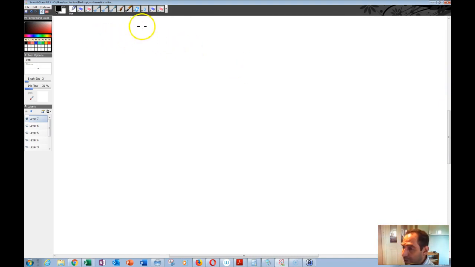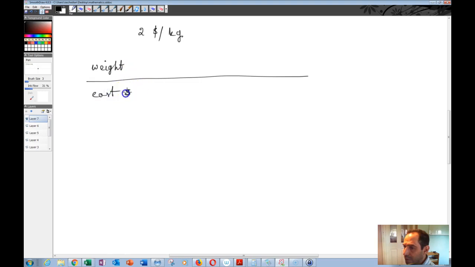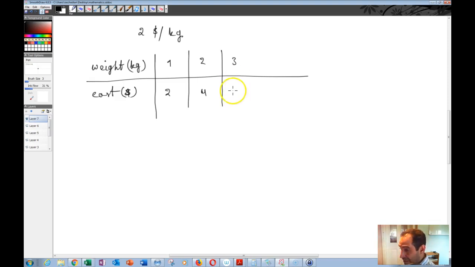We said that if sugar costs $2 per kilogram, and you have the weight in kilograms and the cost in dollars, then 1 kilogram is going to cost you $2, 2 kilograms $4, and 3 kilograms is going to cost you $6, and so on and so forth.